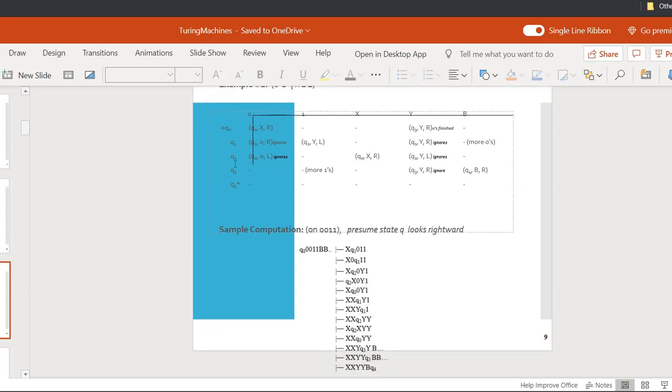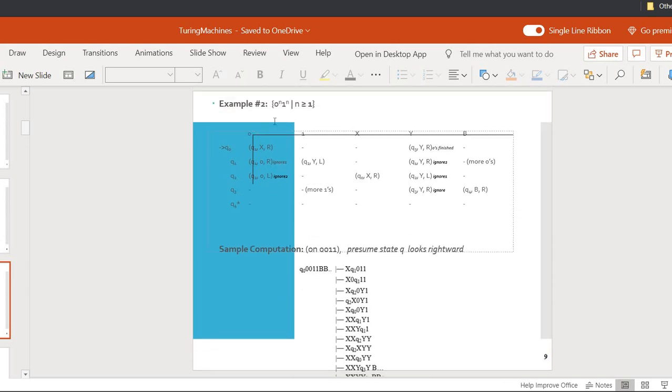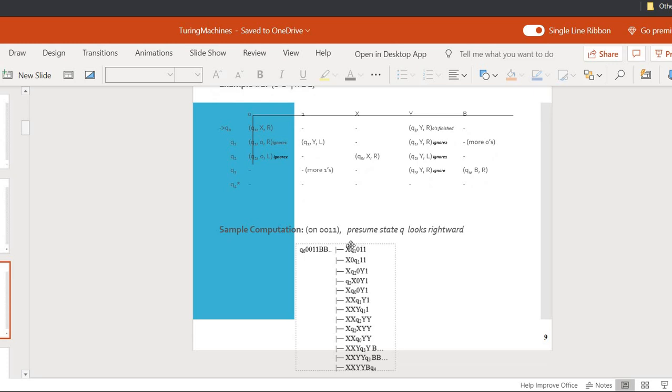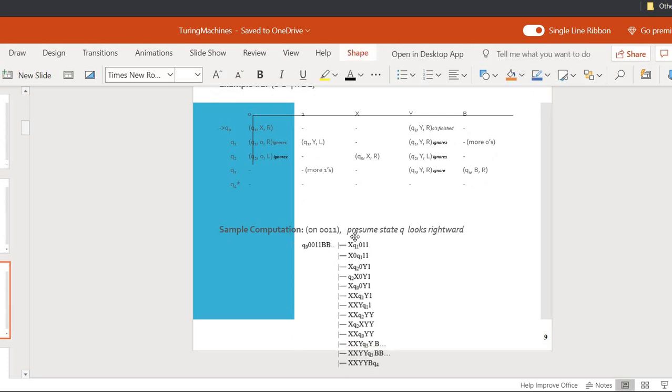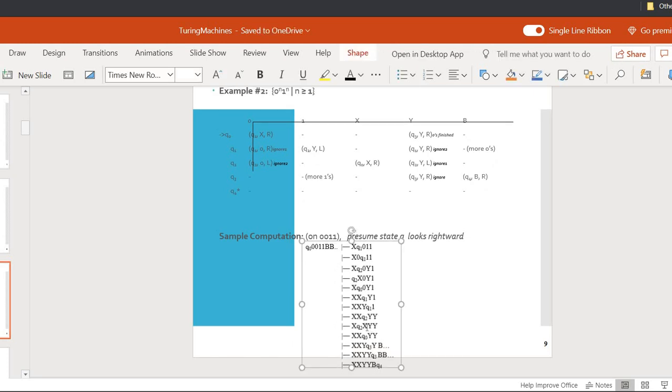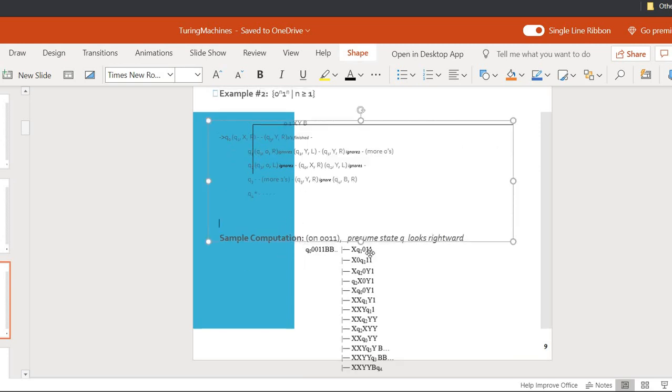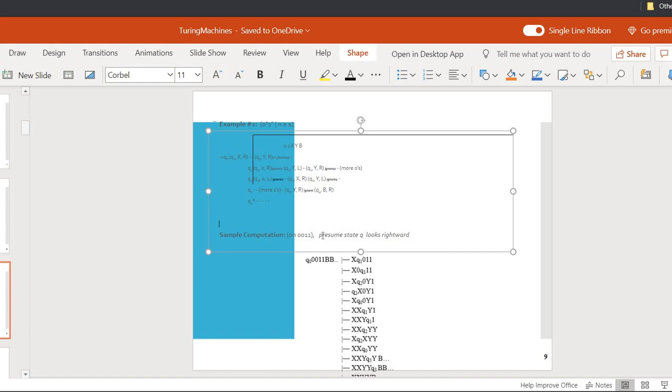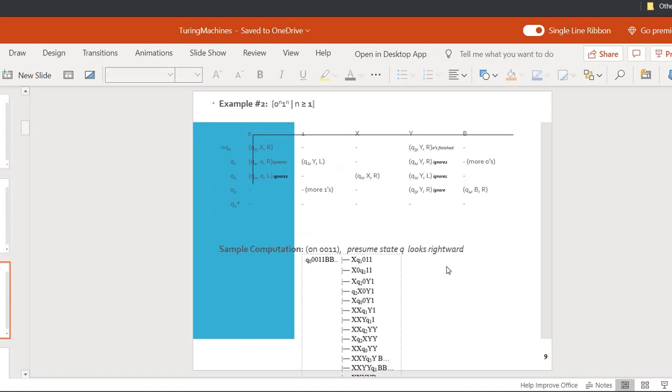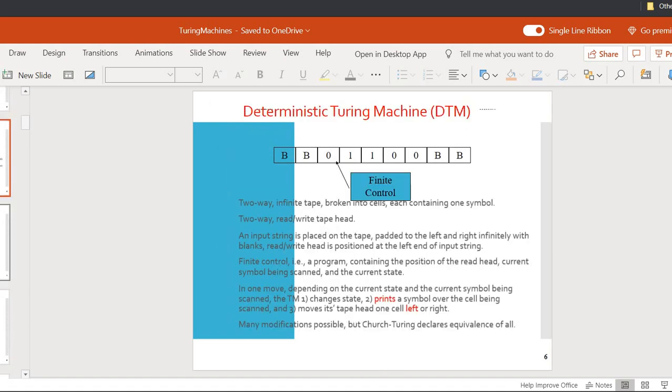This is the table again with symbols and states, and this is a set of words that can be formed. In this sample computation, there is a presumption that the Q state looks rightward, which we mentioned when we were looking at the working of the machine.